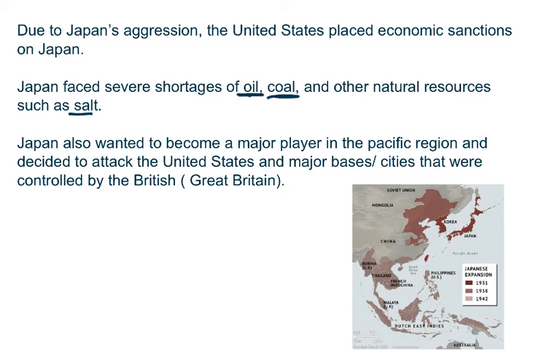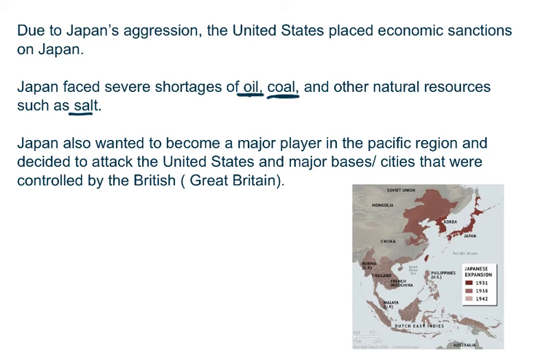So they wanted to be able to become a power on their own. And regretfully, Japan decided to attack the United States and major bases or cities that were controlled by the British, which we'll get into at a later date.